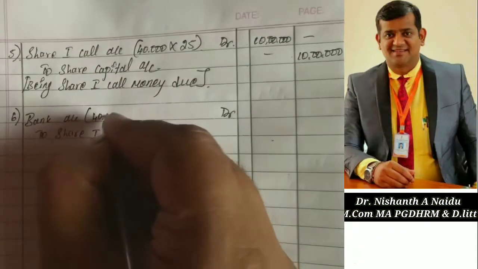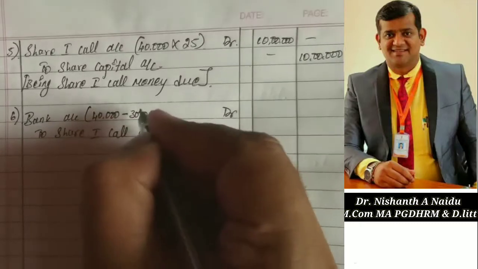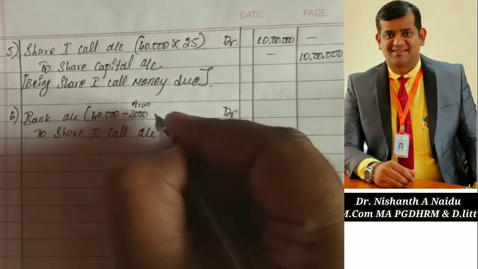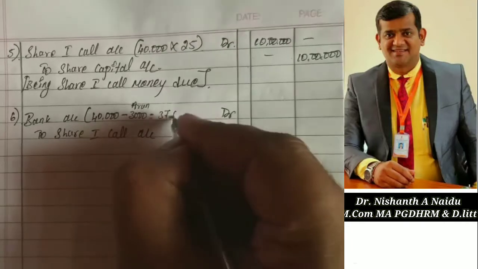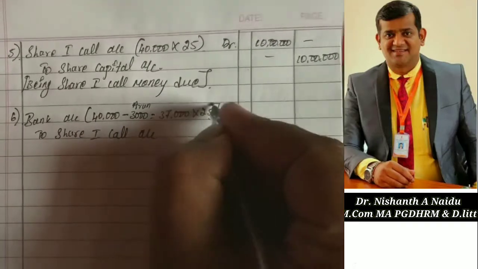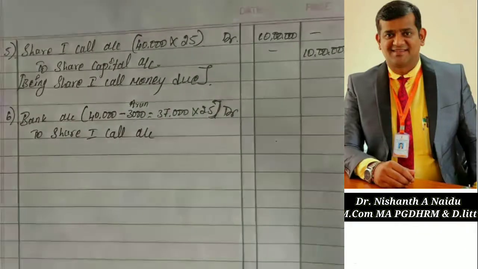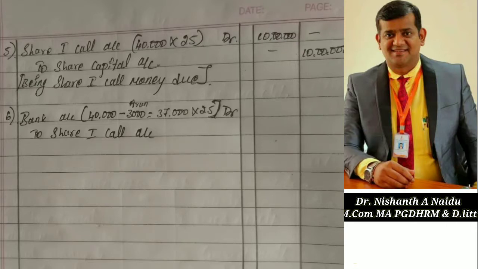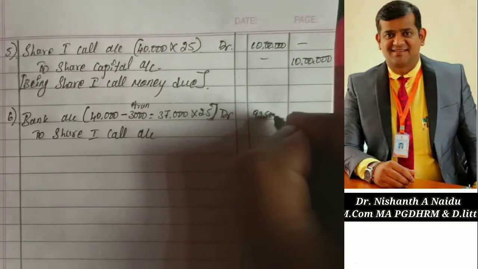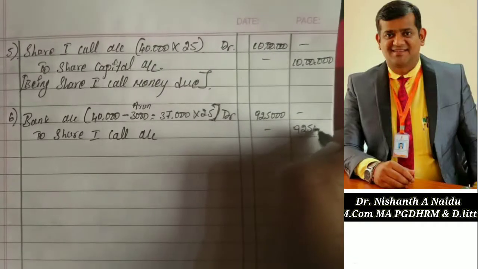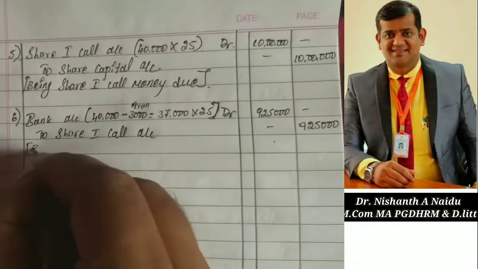Actual shares issued are 40,000, in which 3,000 shares are held by Arun, who did not pay either call. So 37,000 into 25, 9,25,000. Okay.